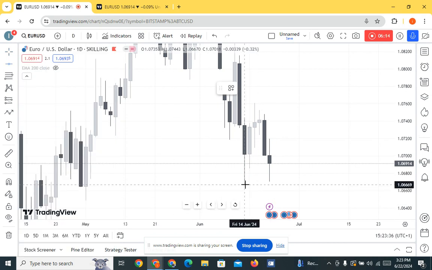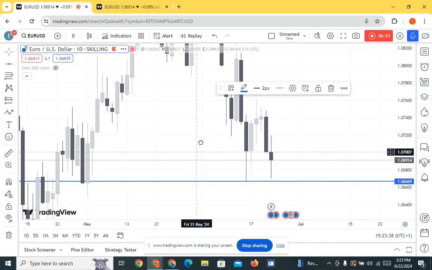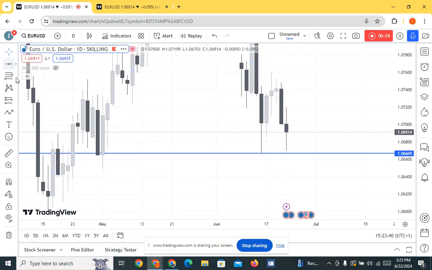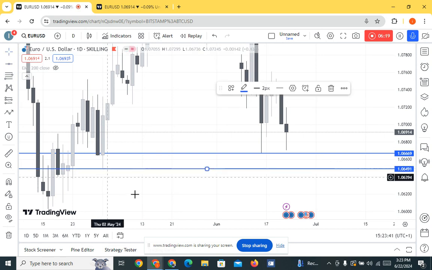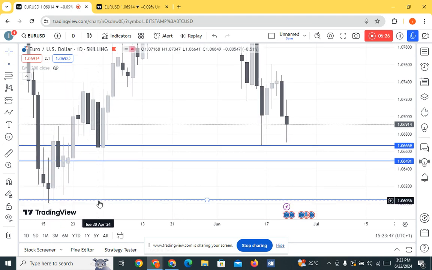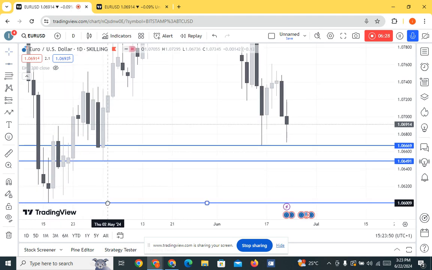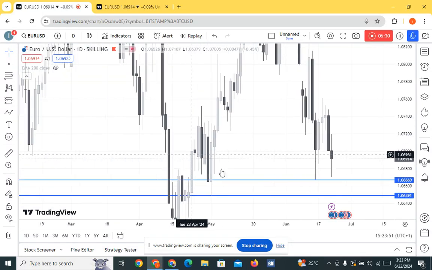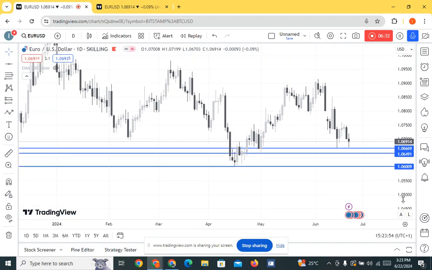We're seeing this level that wasn't taken out. On Euro USD, we're seeing this level as well that wasn't taken out. We're also seeing this level down here that wasn't taken out. And currently, we're seeing the market creating lower lows and lower highs.